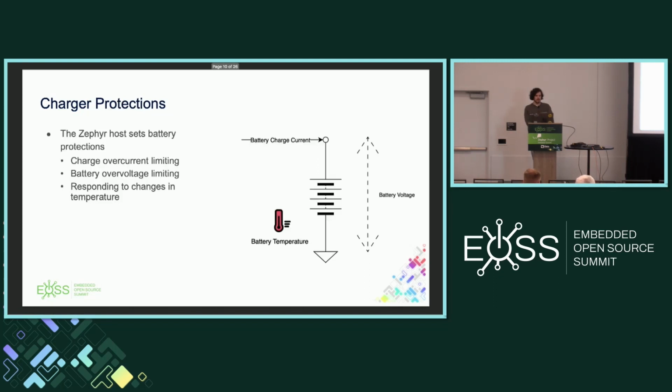On the output side, some of the protections we can typically set through the control port are overcurrent limiting, so setting a threshold of the maximum current that can pass into this battery pack. Similarly, battery overvoltage limiting, and responding to changes in temperature that are sensed by the charging peripheral.